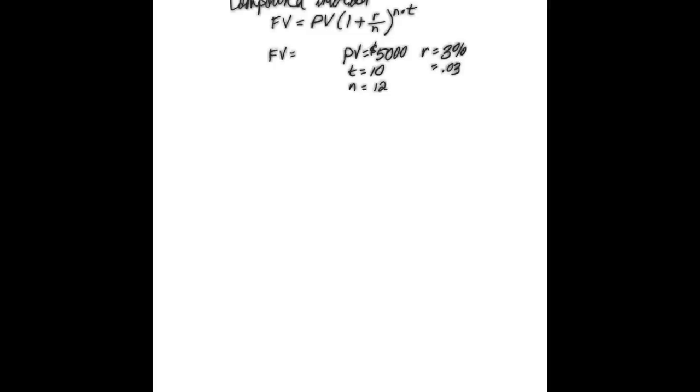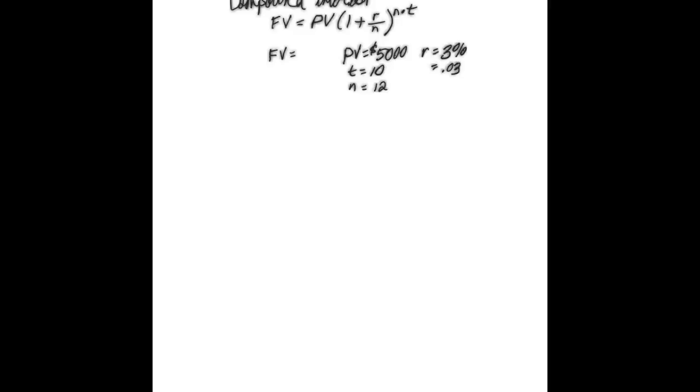So I'm going to plug this in, and I'm going to show you exactly how to do it on the calculator, and you can plug it into the calculator. I do not have the calculator on this recording.